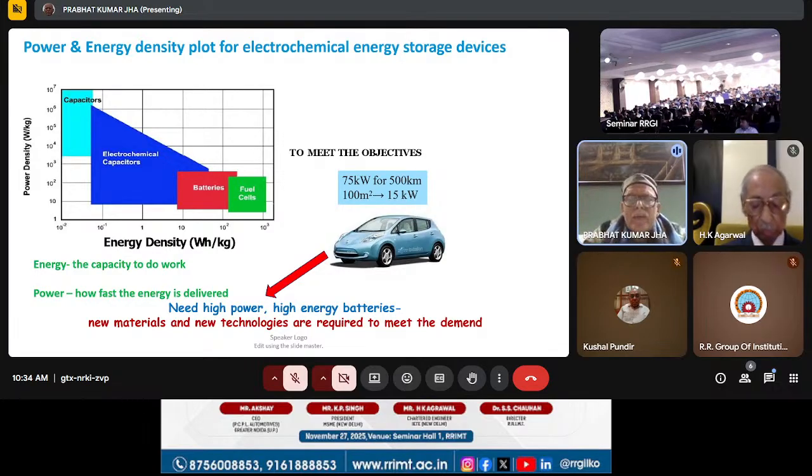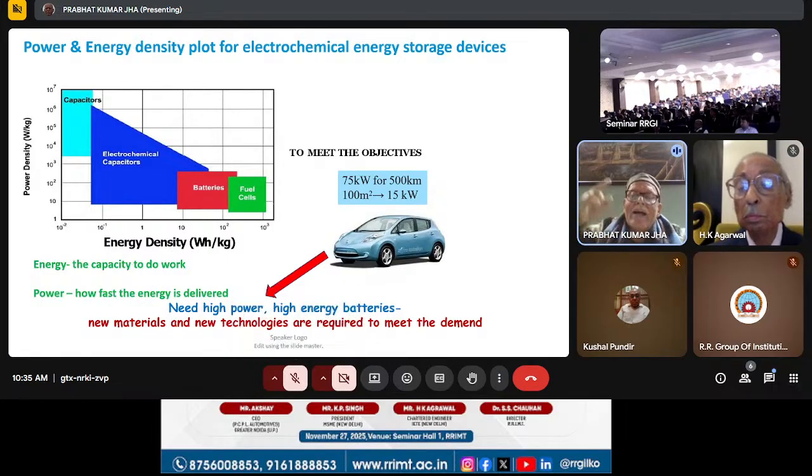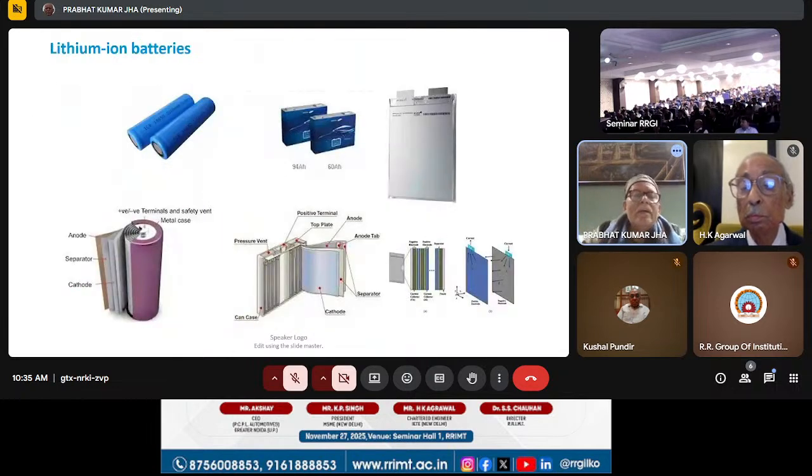So when you need high power and high energy batteries, new material and new technology is required to meet the demand. Now you come to these lithium ion batteries in different shapes. Here you go, first, second, third, fourth, fifth, and sixth, and so on. Anode, separator, cathode, everything is there, and different shapes are available in the market.